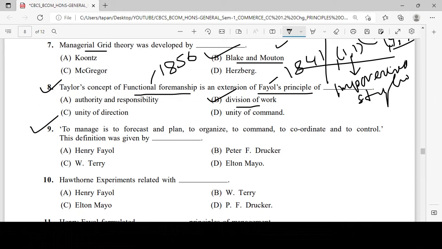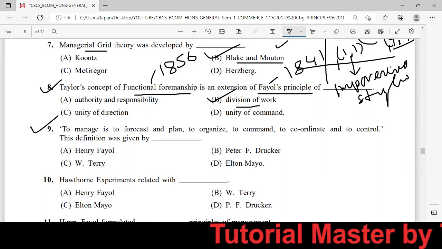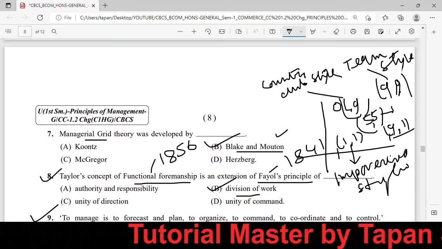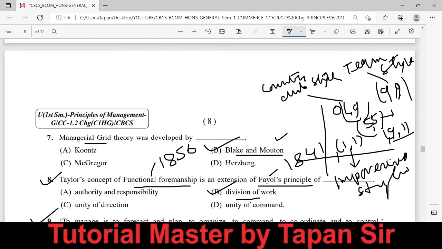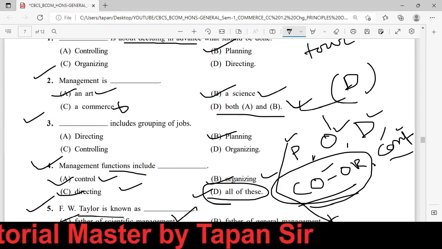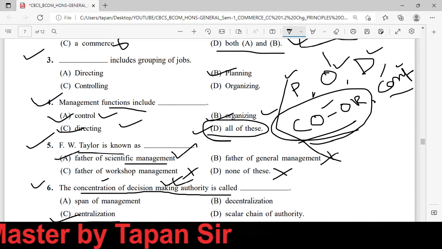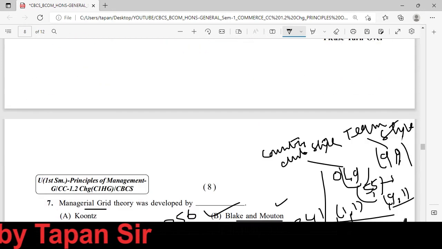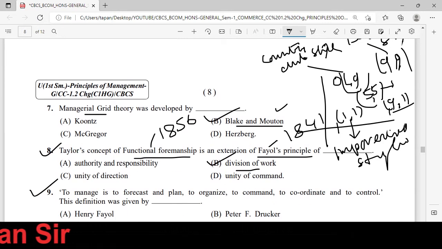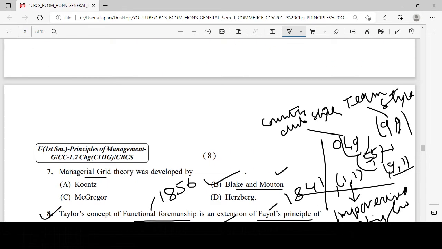Now the next one is question number 9. To manage is to forecast, to plan, to organize, to command, to coordinate, and to control. Commanding means directing. I told you earlier that there are 5 functions: planning, organizing, directing, coordinating, and controlling. If you delete directing and add commanding, then it is okay.